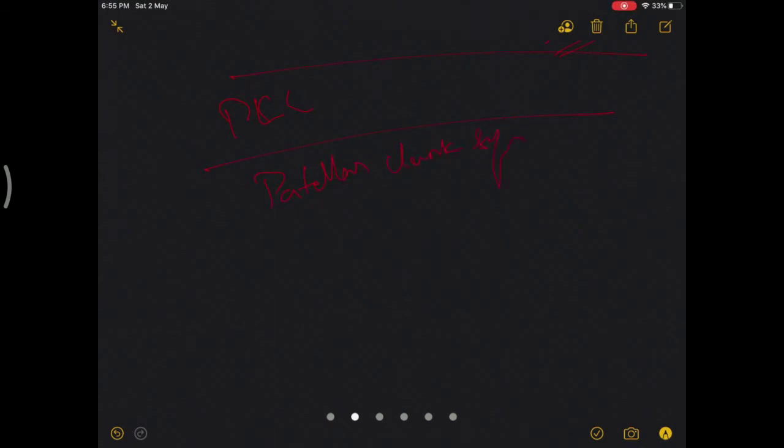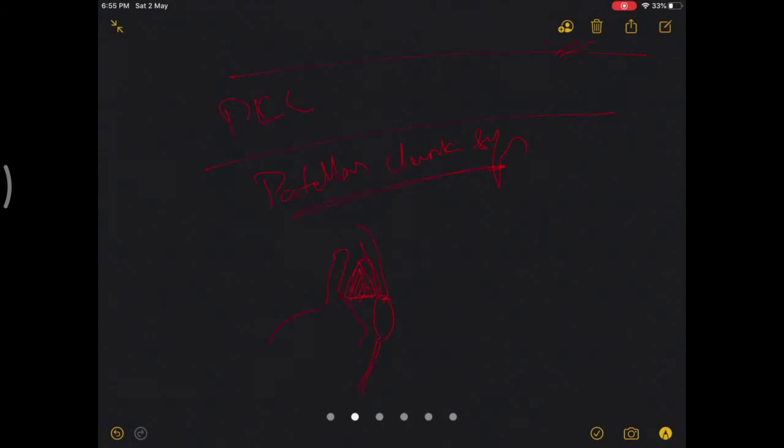Patellar clunk syndrome. What happens is you have a quadriceps, you have the patella, and you have the patellar tendon, and there is a fat pad between the suprapatellar pouch and the quadriceps muscle.